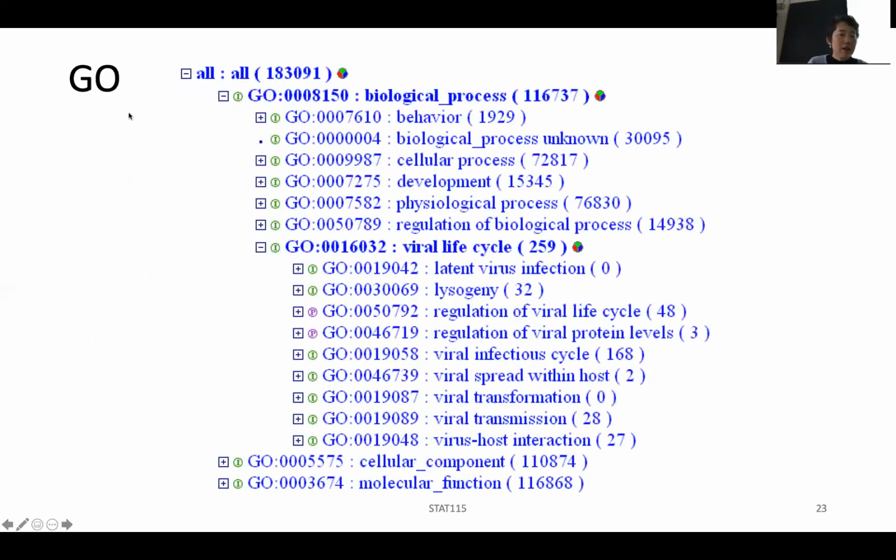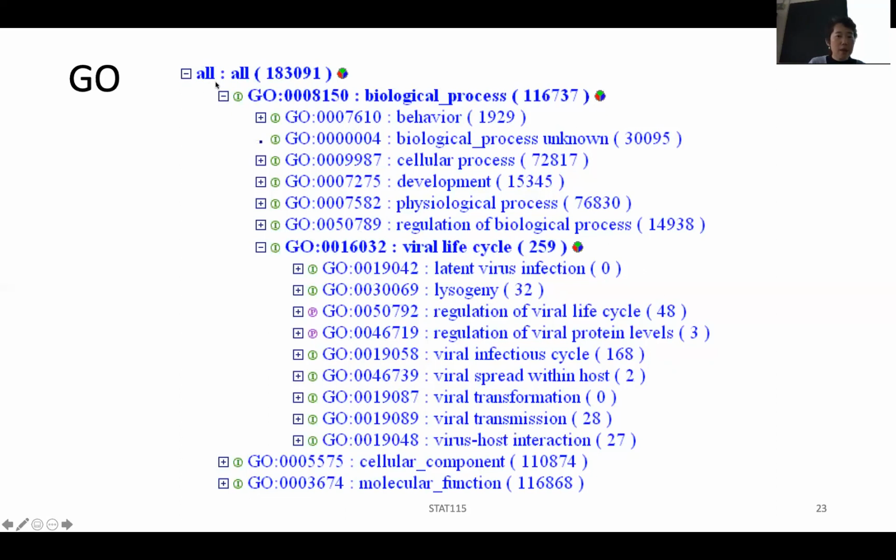But within each term, if you go to the Gene Ontology website, they will show you something like this. Initially, you have everything, which has 183,000 different terms. And by the way, if you see a little plus, it means if you click on it, it can open up. If you click on this, it will open up 3 things: the biological process, the cellular component, and the molecular function.